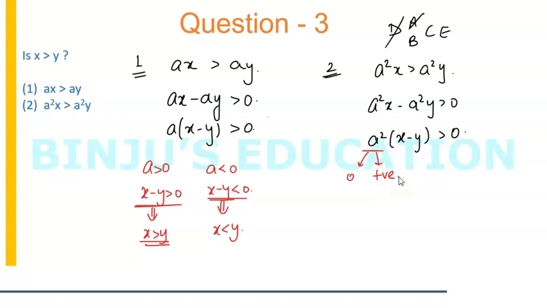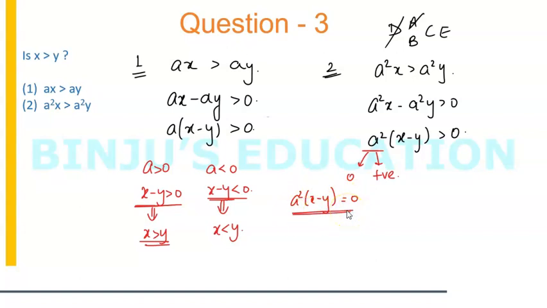Now, if A square is 0, then the entire expression, which is A square into X minus Y, will automatically become 0, because anything multiplied by 0 will automatically give you 0. It will simply become 0.